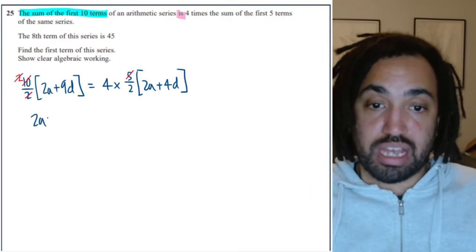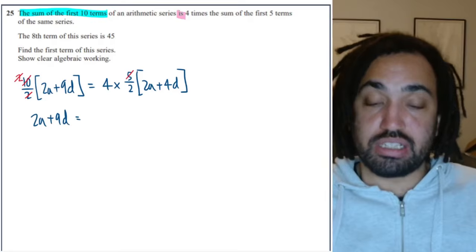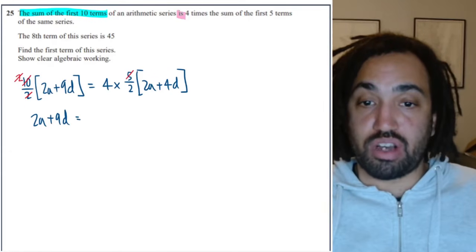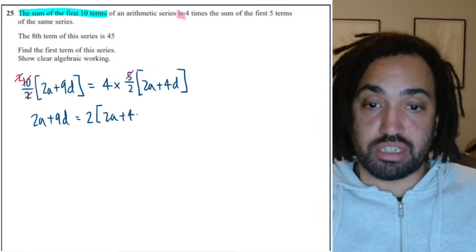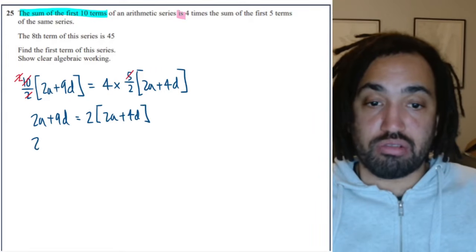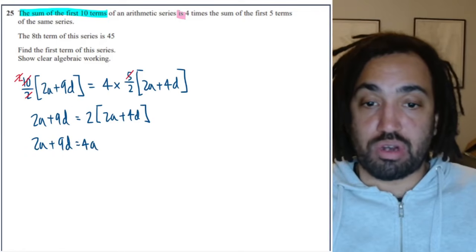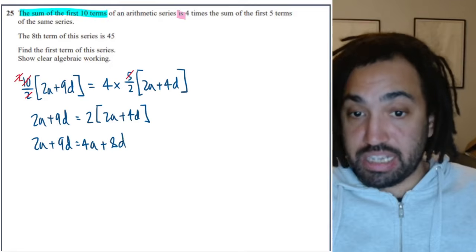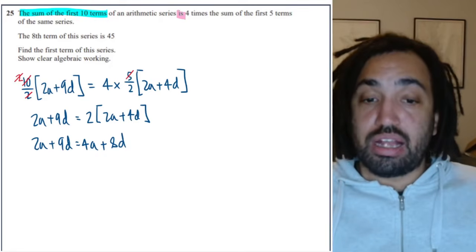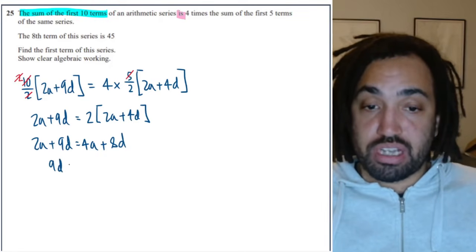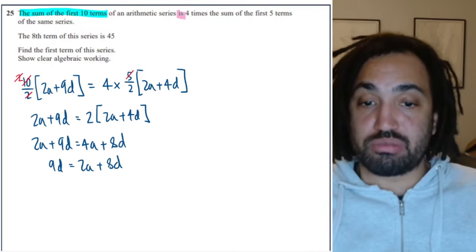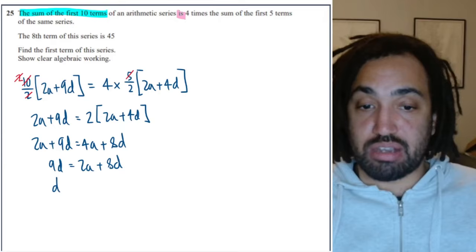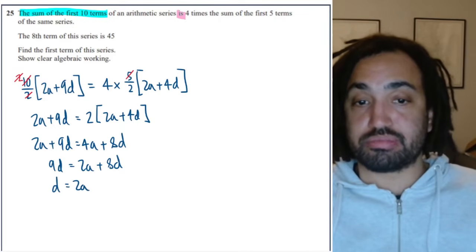So we have 2a plus 9d on the left side, and on the right side we've got 4 divided by 2, which is 2. So 2 lots of this side. Okay, great. Now we can multiply out, so this becomes 4a plus 8d, and we can subtract 2a from both sides to get 2a here, and we can subtract 8d from both sides to get 1d is equal to 2a.